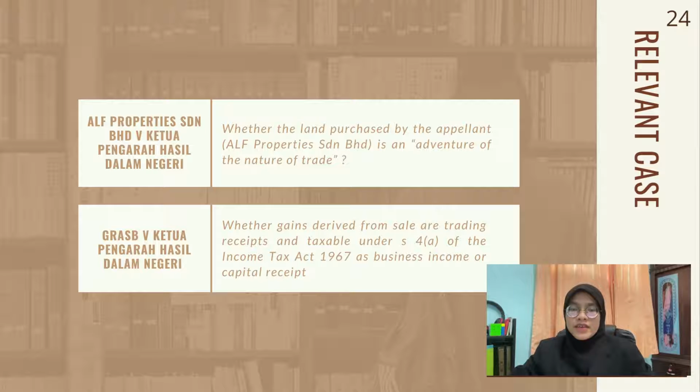The relevant case is ALF Property Sdn Bhd vs Ketua Pengarah Hasil Dalam Negeri. The issue is whether the land purchased by ALF Property Sdn Bhd is an adventure in the nature of trade. The appellant was incorporated with the primary objective of carrying on the business of property development and construction.